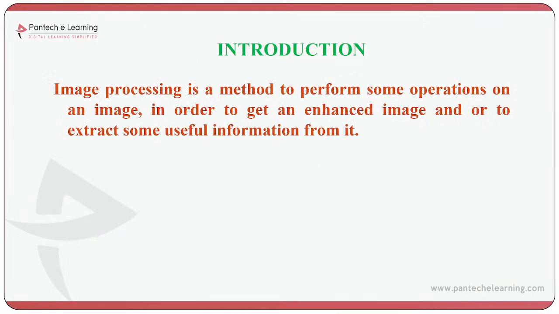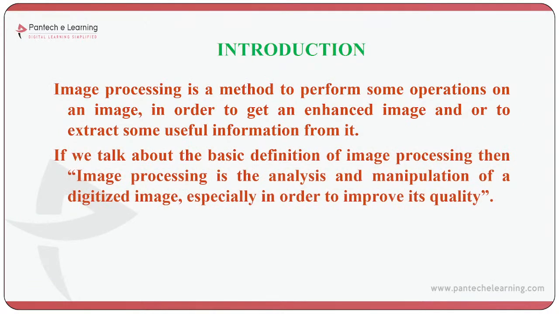So, introduction to image processing. Image processing is used to enhance the image and to extract more information from it. Image processing is the analysis and manipulation of digital images.